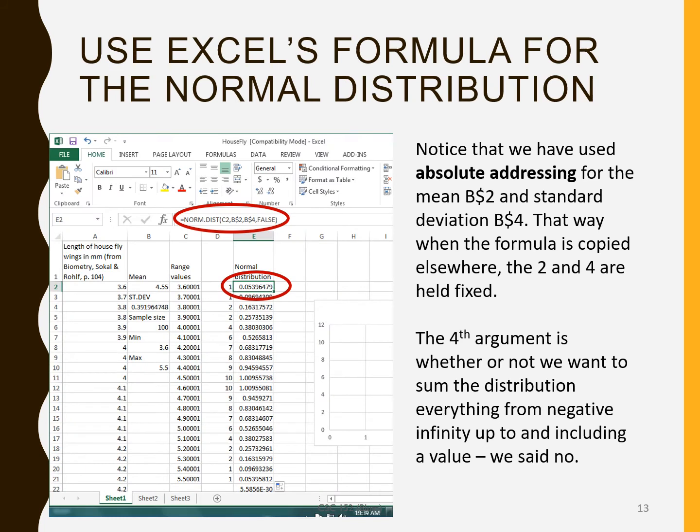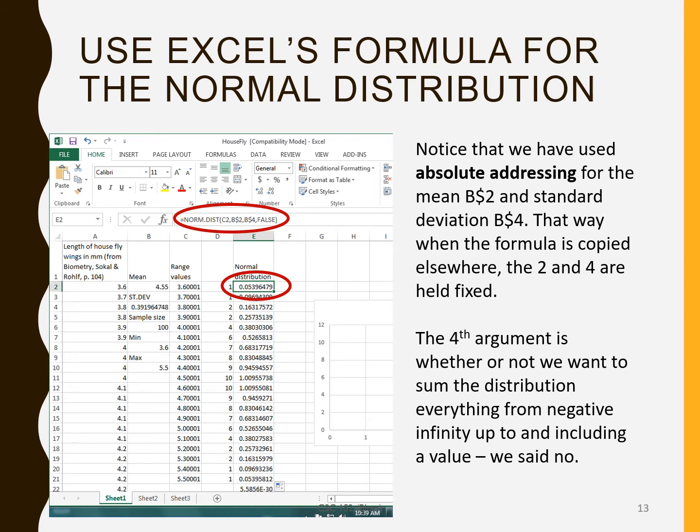As we said, the normal distribution is a very standard, important distribution in statistics, and so Excel has a normal distribution built in, so you can get it by saying equal NORM.DIST. Then comes first the variable, which again we are using the bin values or range values for.